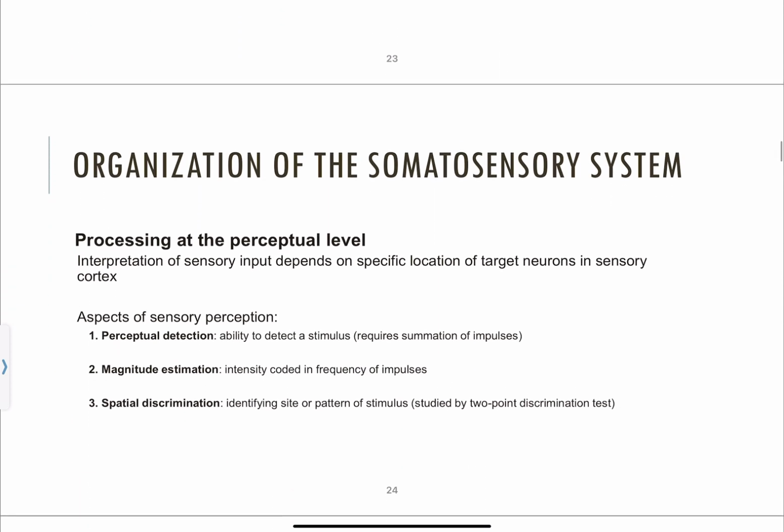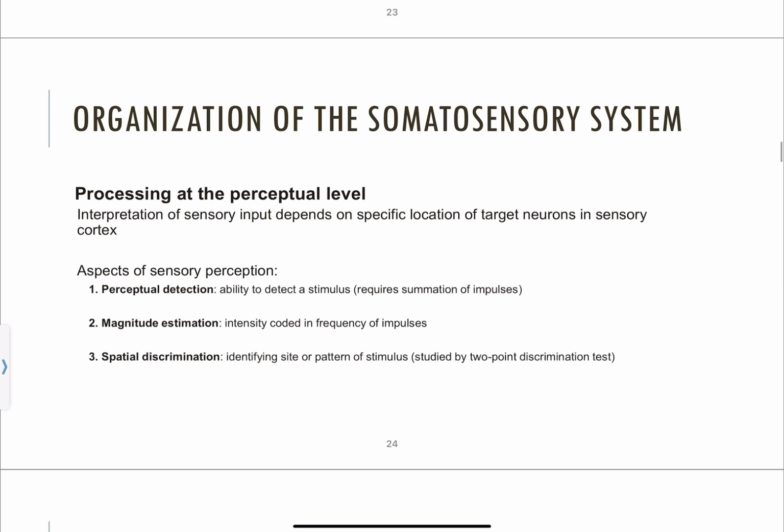So once we get to the perceptual level, we have a couple different ways and aspects of our sensory that we are perceiving. When we talk about the perceptual level, we're talking about the interpretation of the sensory input, and that's going to depend on the specific location of the target neurons in the sensory cortex itself.